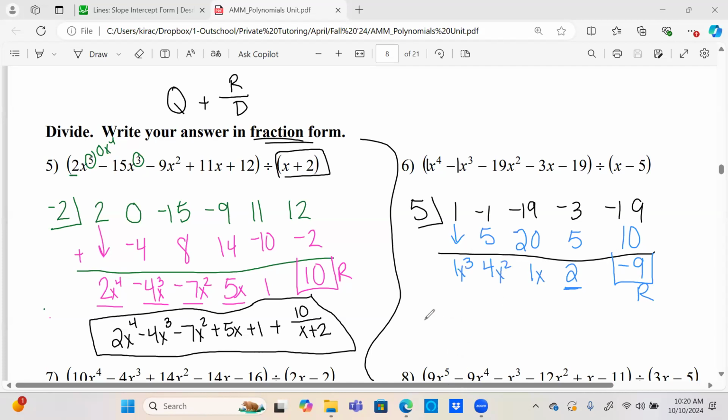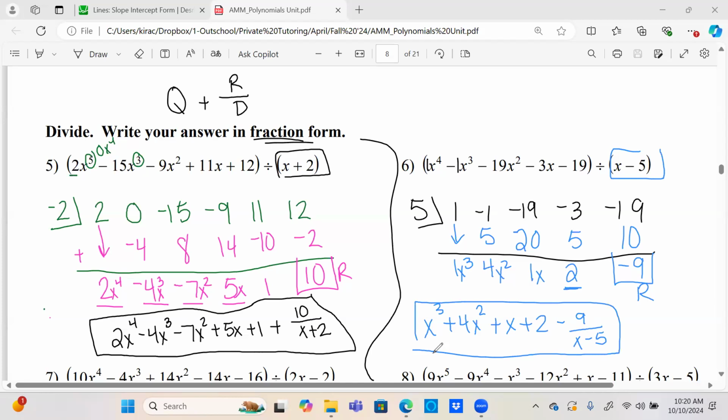So our final result is x cubed plus 4x squared plus x plus 2, and now our remainder is minus 9 over the divisor. That would be our final result for number 6 using synthetic division.